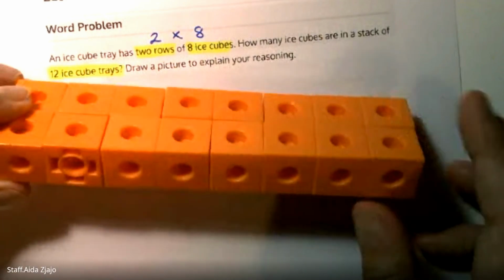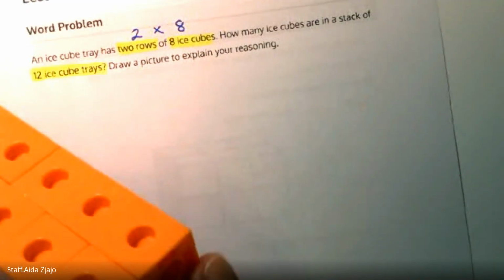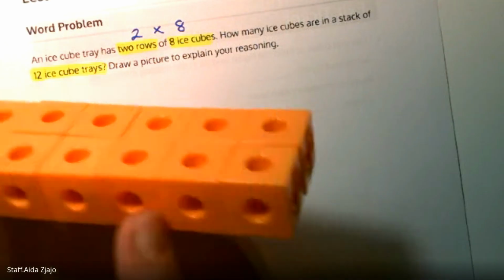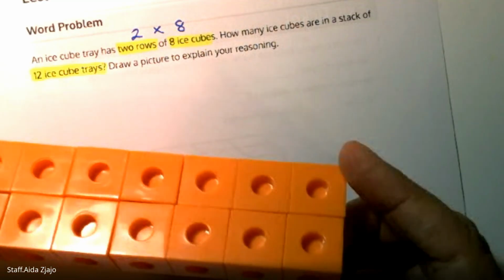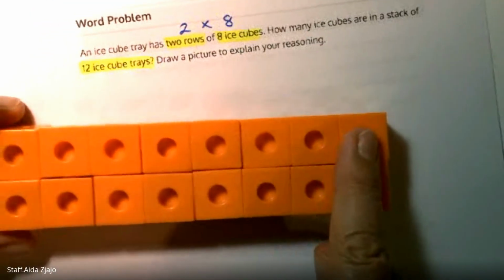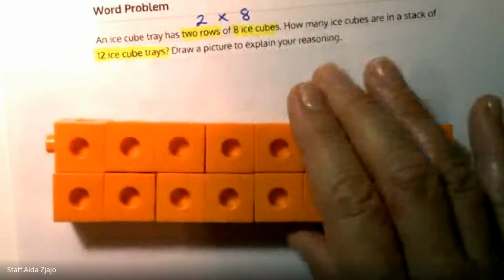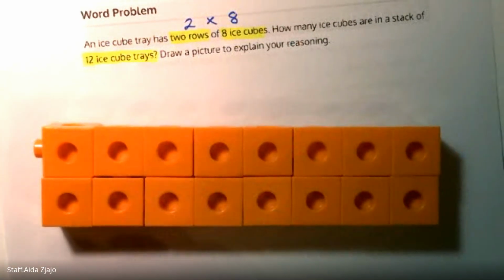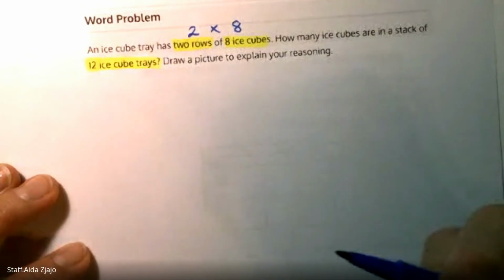So if we draw that, the width is 2 and the length is 8, so one row is 8 by 2 by 1, which makes 8 plus 8 is 16 cubes. So one tray is 16 cubes, and 12 times 16 would be how many cubes are in 12 trays.